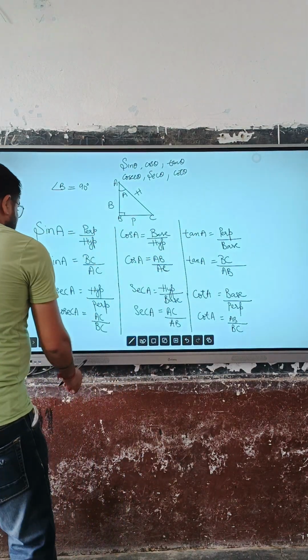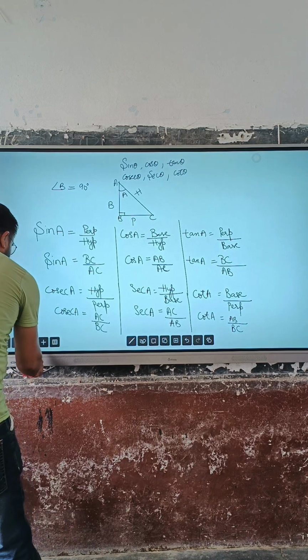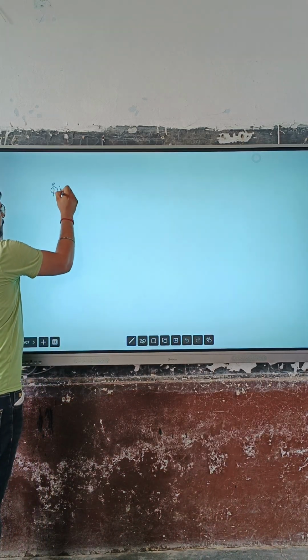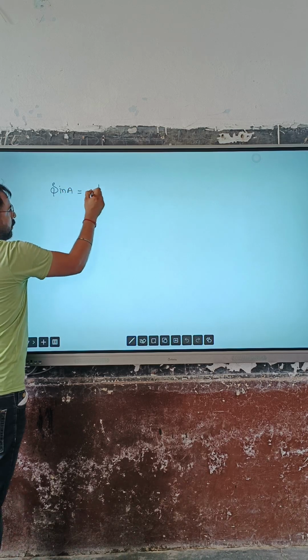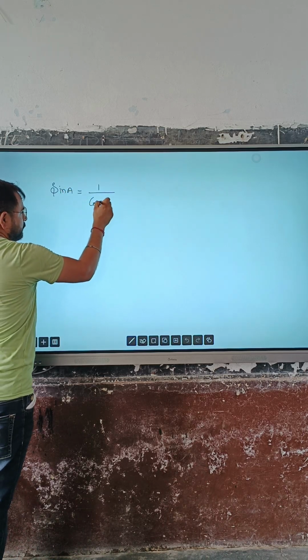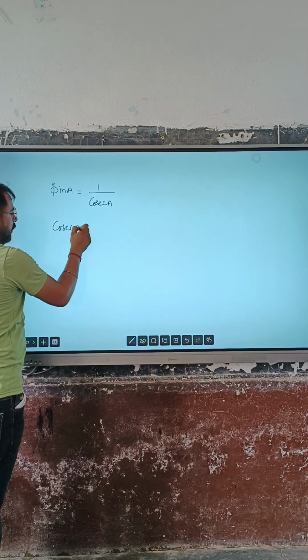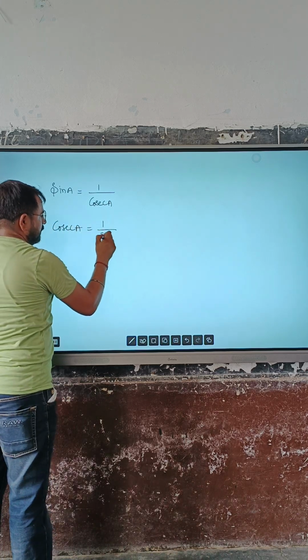Next I am going to write here: sine is reciprocal of cosecant. Cosecant is reciprocal of sine.